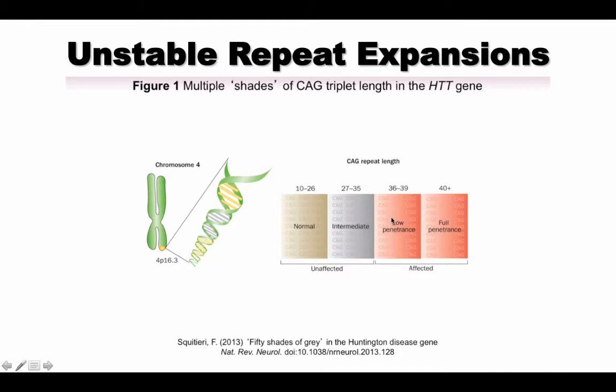And finally, if that person passes that allele on to their progeny, and there is a further expansion of the repeats to over 40, then you're going to get full penetrance and a progressively earlier onset of the disease.